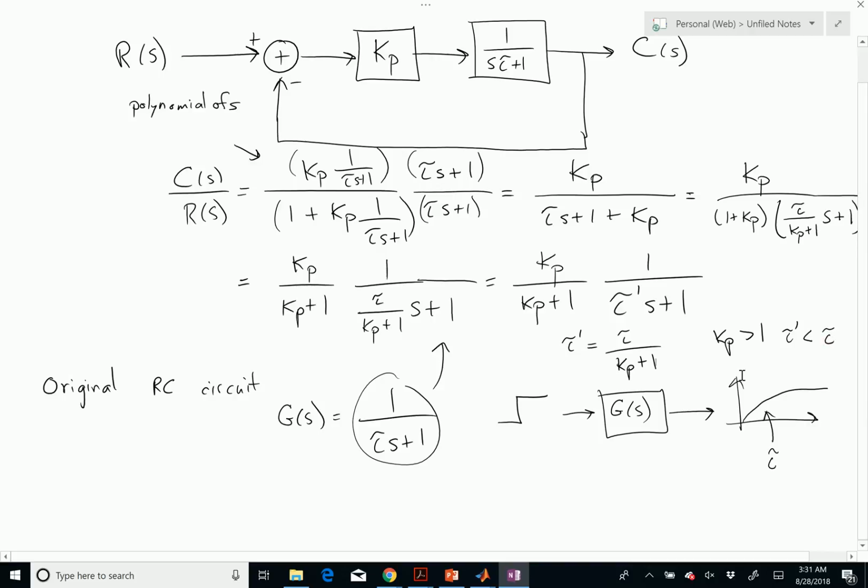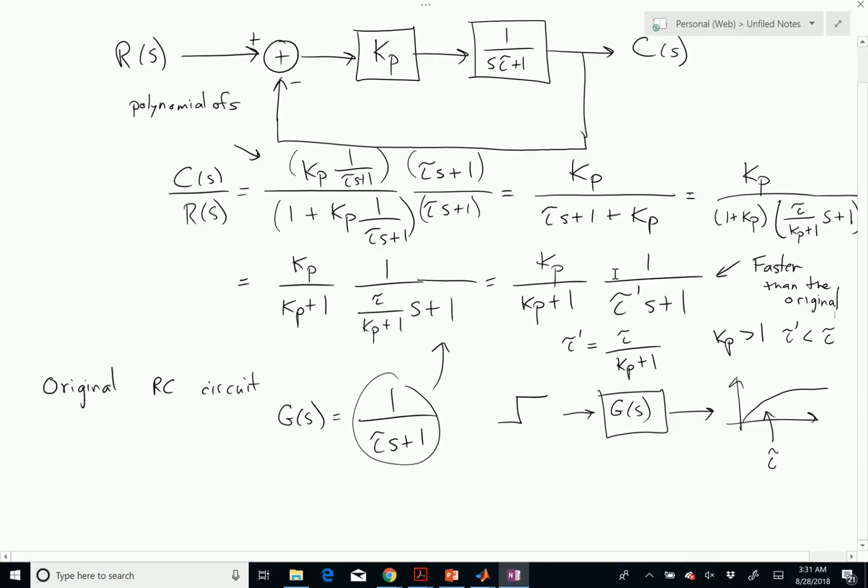Ultimately, what that means is this system is faster than the original. All right. In other words, this guy's still like an RC circuit, right? I took an RC circuit, put it into this control loop. It's still an RC circuit.